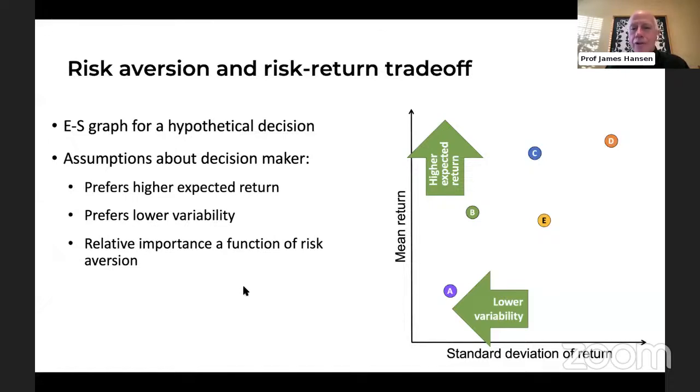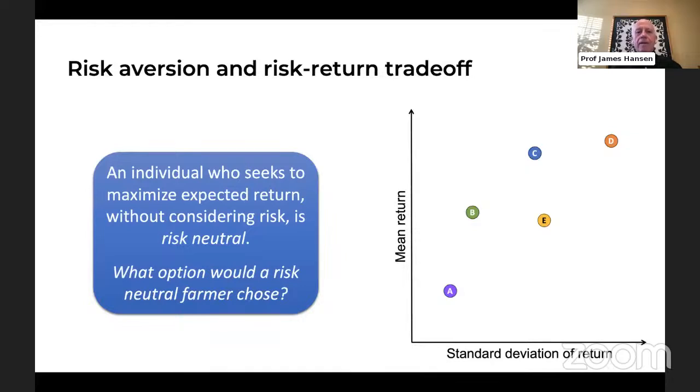The higher the level of risk aversion, the more important it is to reduce variability. If an individual seeks to maximize expected return without considering risk, that person would be described as risk neutral. So in this case, what option would a risk neutral farmer choose? A risk neutral farmer would just simply select the option that has the highest expected income, which is option D.